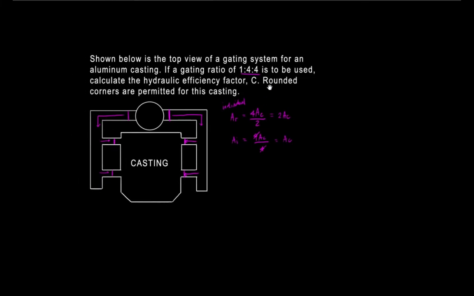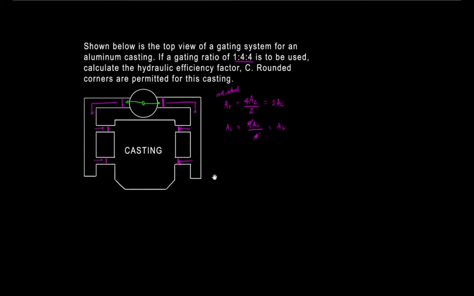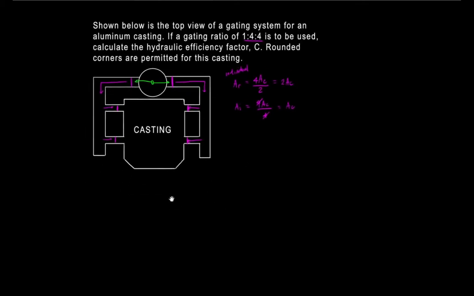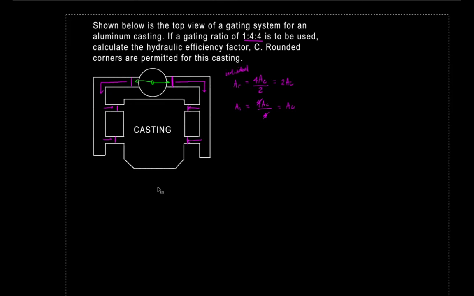Okay. So now that we have that, we can take into account all of the different changes that occur as the metal goes through the different channels. So we start with the down sprue. The down sprue starts here, and from the down sprue, the metal goes into two separate channels. So let's take into account those two changes. I'll place my working equation here now.